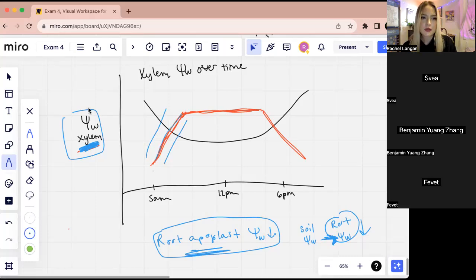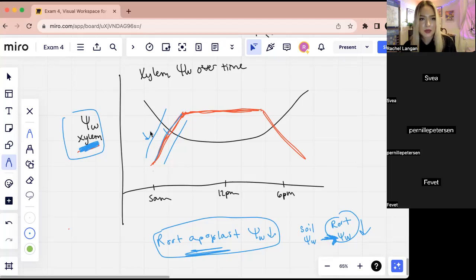Well, the xylem curve can help you with that too. If the root uptake was larger, if it was higher than the transpiration rate, then the water potential of the xylem would not go down, right? You need a higher pull from the top in order to get more negative pressure to get that xylem water potential to go down.